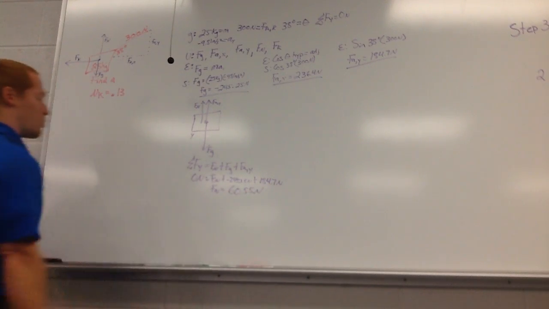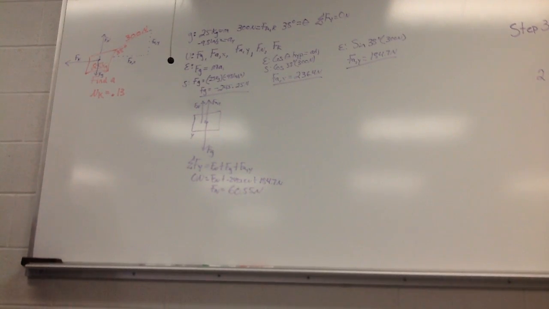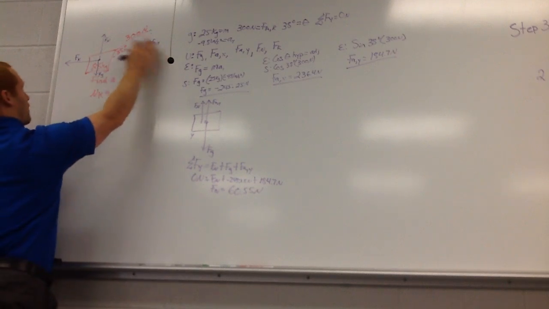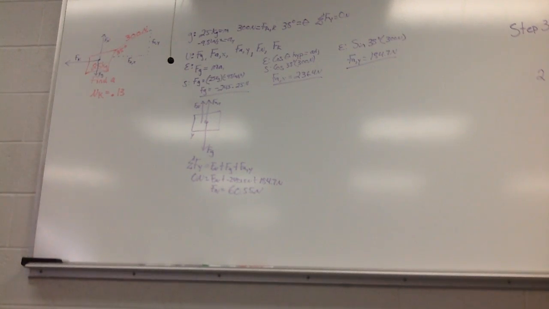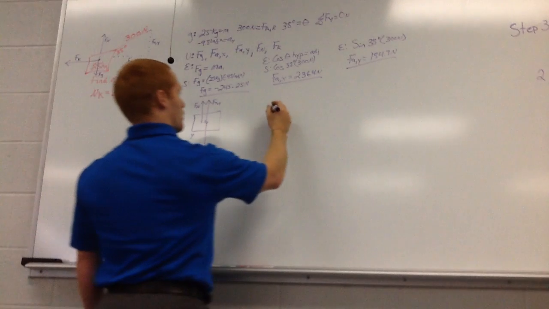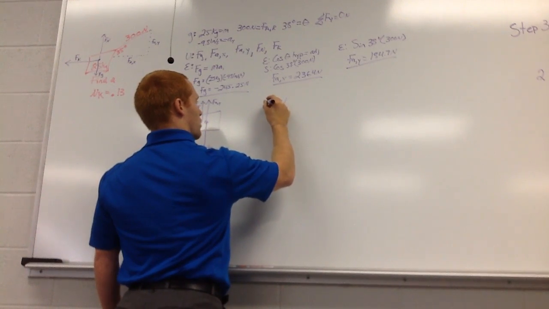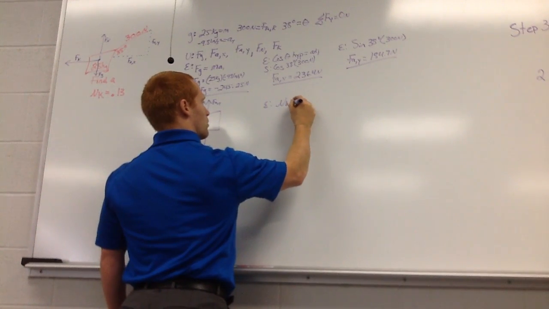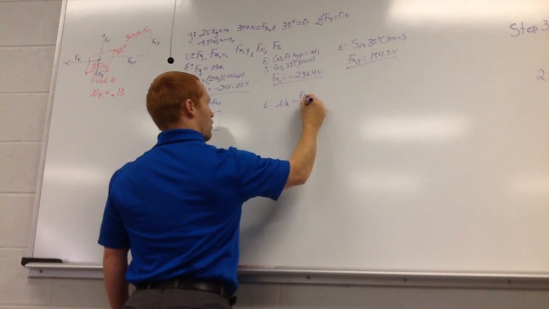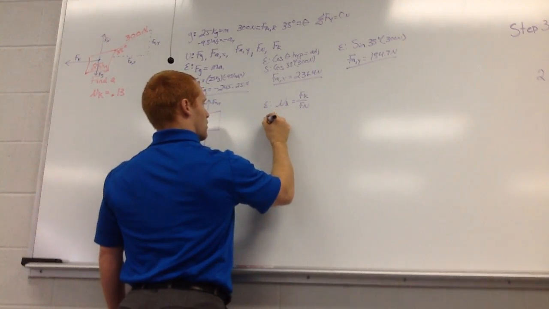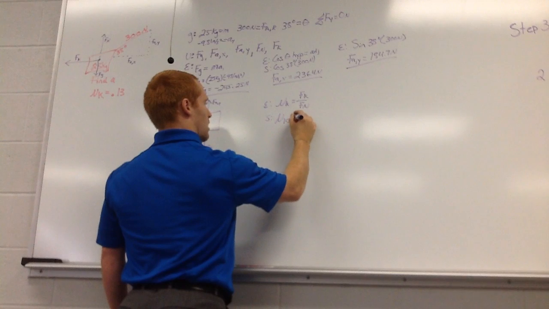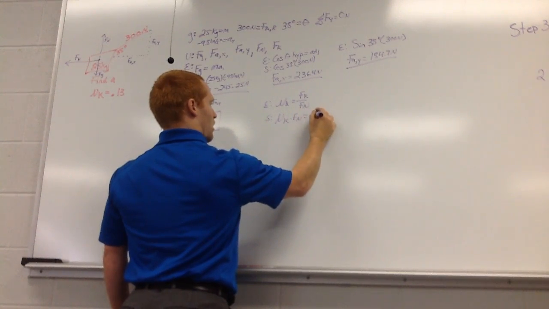Okay, so that's our force normal. So now we've got Fg, Fax, Fay, Fn. Now we can solve for Fk. So here's our equation: mu k equals Fk over Fn. To solve it, we'll take mu k times Fn equals Fk.